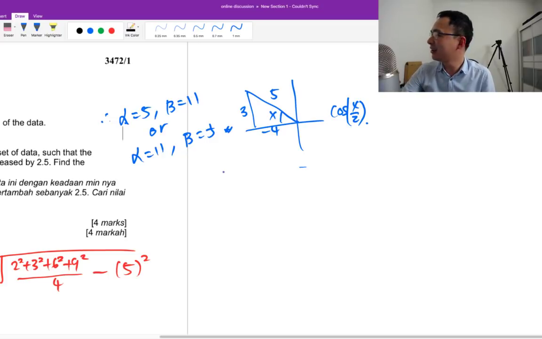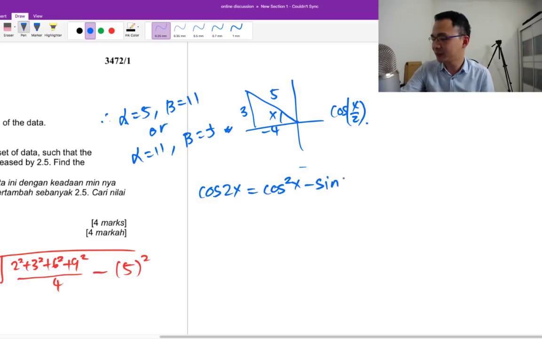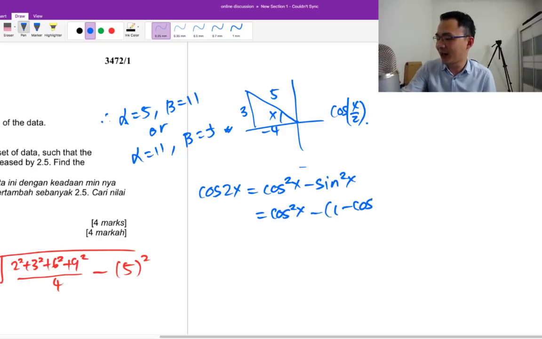Okay, half angle. Let me recall the formula for cos 2x. Okay, cos 2x, basically you have cos square x minus sine square x. I do not want this one because it's sine and cos. Or I can say it is 1 minus sine square x minus sine square x, which is 1 minus 2 sine square x, or I can say it is cos square x minus 1 plus cos square x.